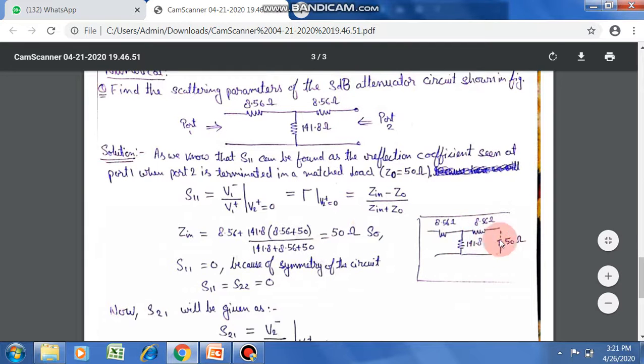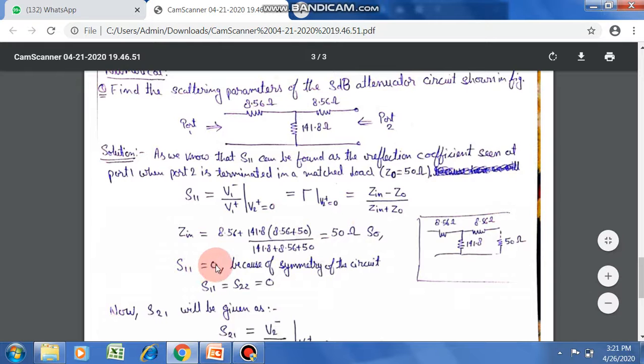Here you can see the equivalent circuit. So this is equal to the reflection coefficient. In the formula for reflection coefficient, it is Zn minus Z0 upon Zn plus Z0. What is Zn? When you look from port 1, whatever equivalent resistance you are seeing, that is Zn. Z0 is 50. So if you are seeing from this side, you can see this 8.56 plus 50, and then this is parallel to this, and you find Zn is equal to 50 ohm.